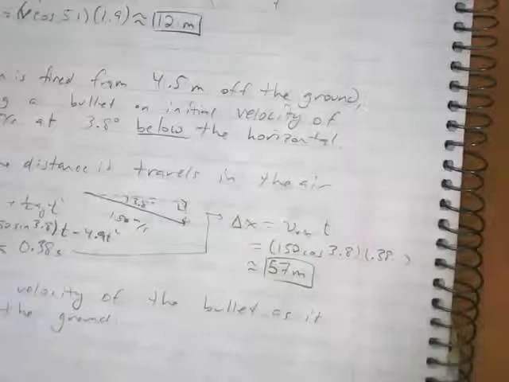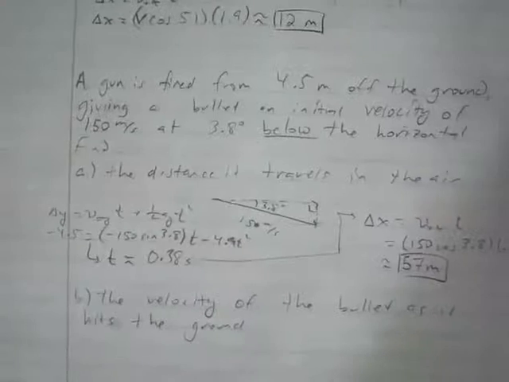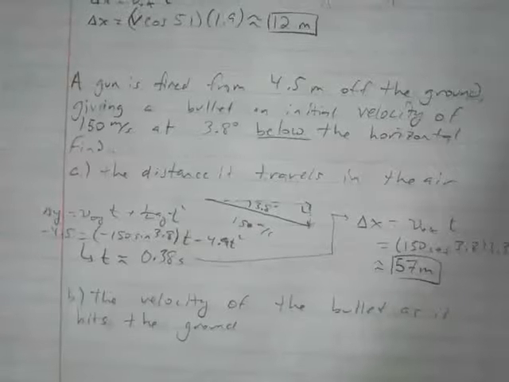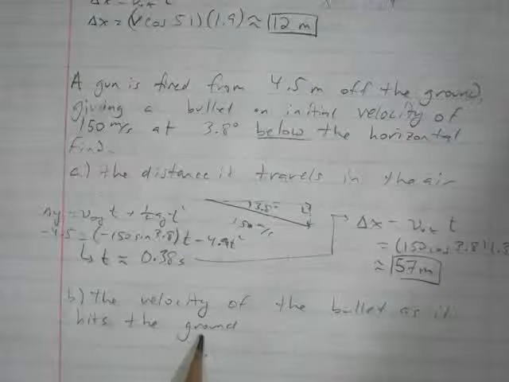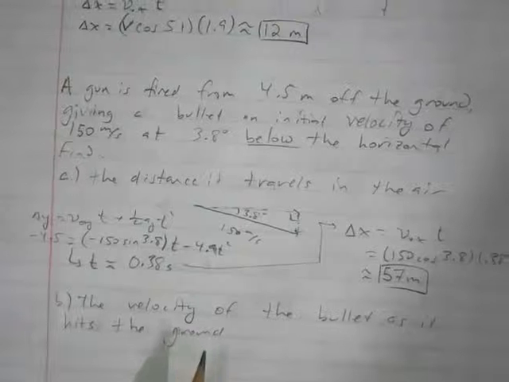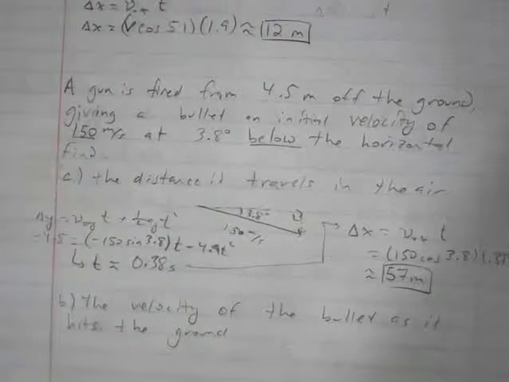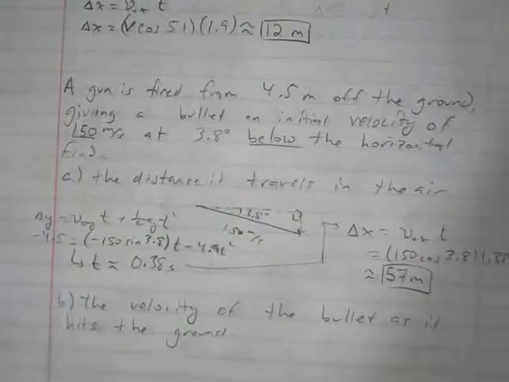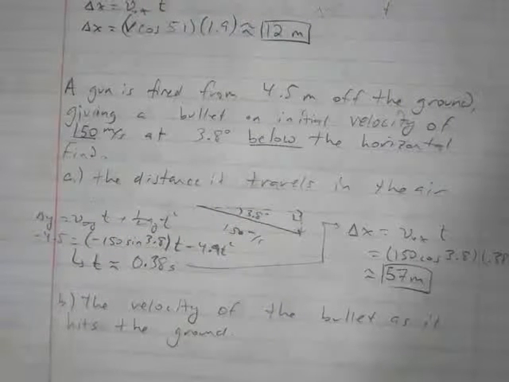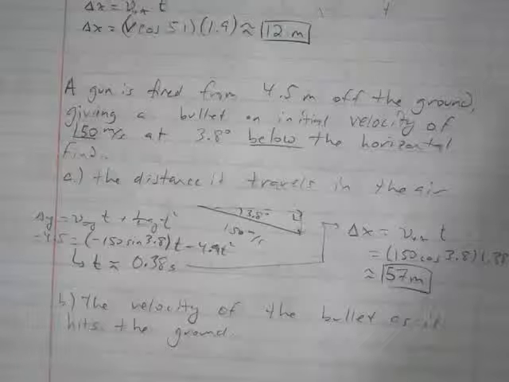And then if we want to find the velocity as it hits the ground, one point I want to make before we do this calculation is that if we think about this, the bullet's already going at 150 meters per second. So relative to that, the acceleration due to gravity is smaller than it often is.